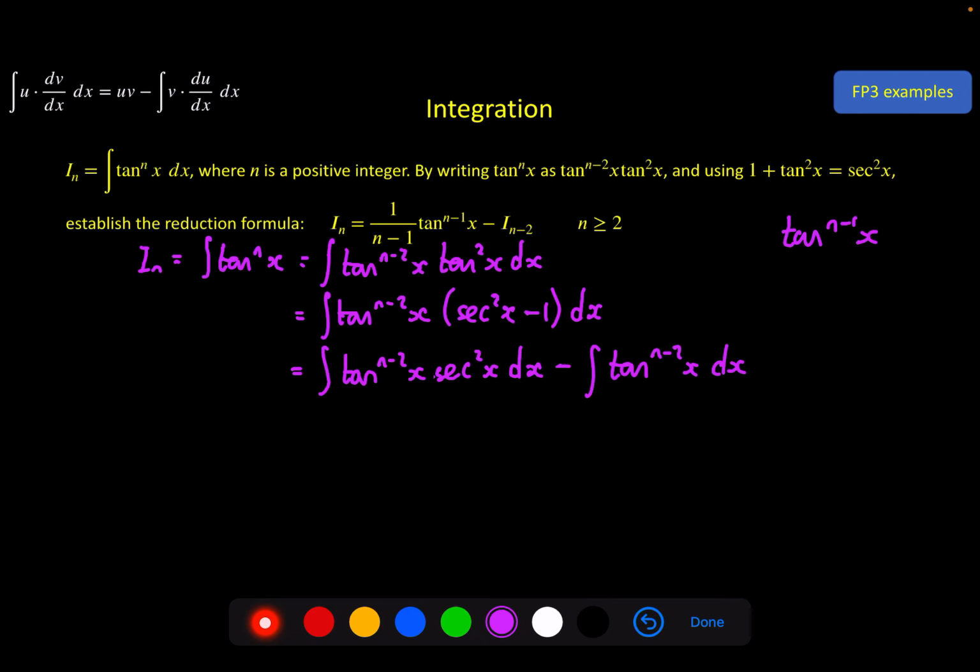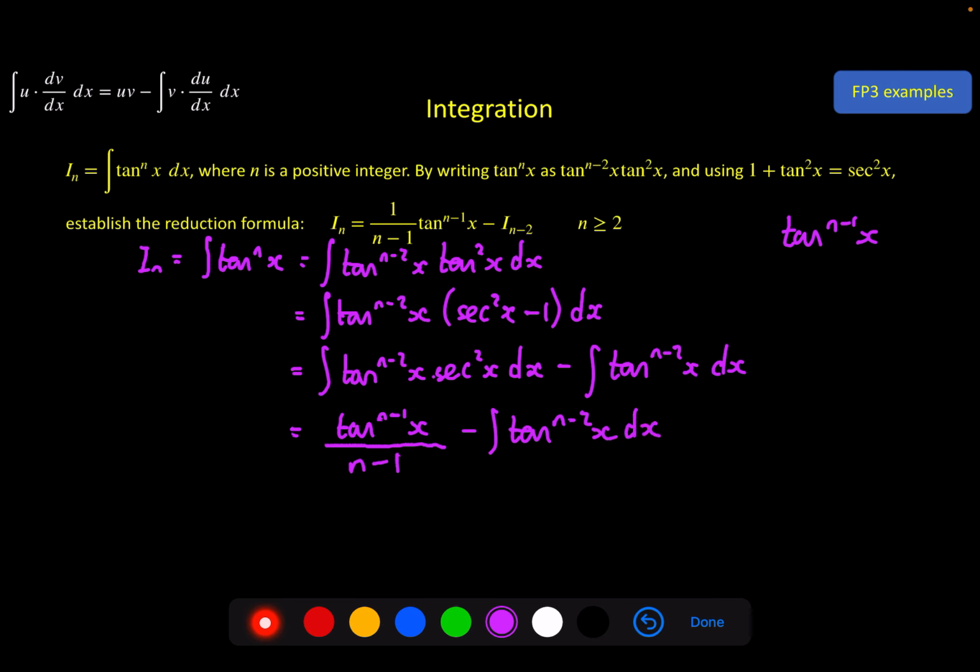If you differentiate that, you get something very, very close to this. And in fact, the only difference is that n minus 1. So that is equal to tan^(n-1)x, and in order to balance that, I need to divide by that power, minus the integral of tan^(n-2)x dx.